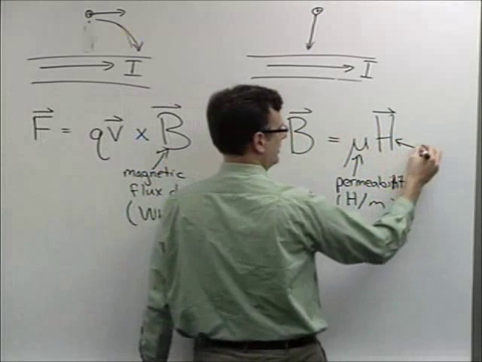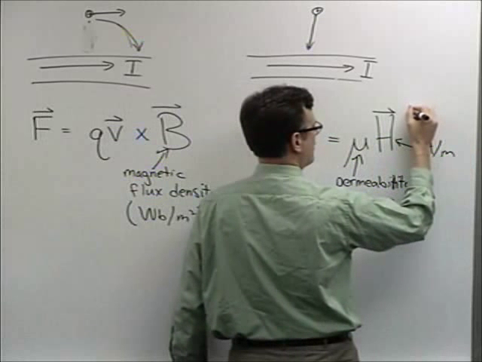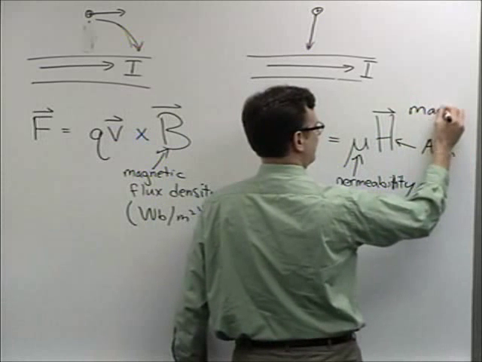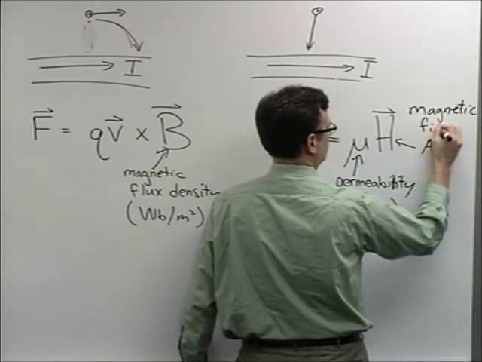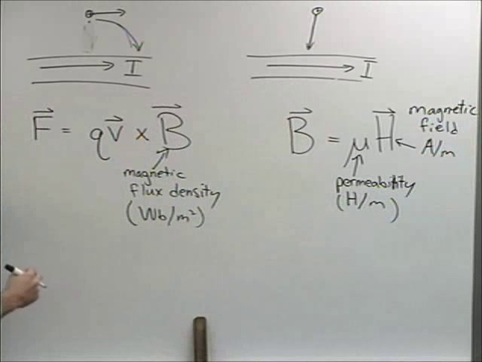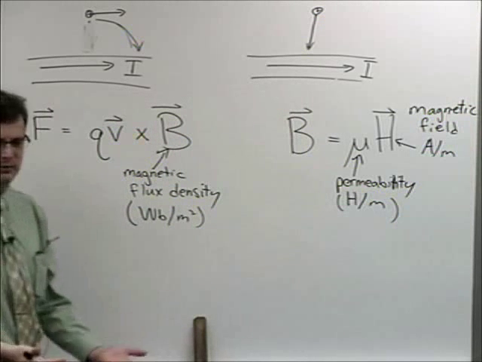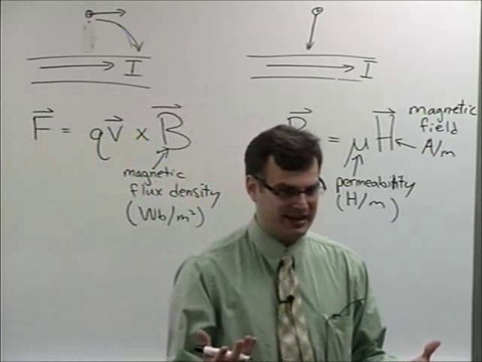H is amps per meter, and we electrical engineers call this the magnetic field. We like this kind of terminology because it creates a really nice symmetry in the vector quantities that we analyze electromagnetism with.